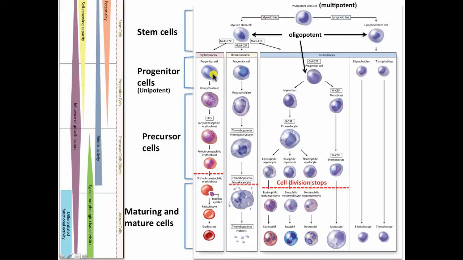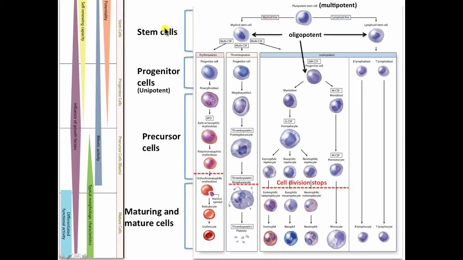All of the precursor cells, progenitor cells, above these red lines are capable of dividing. As shown on the left-hand chart here, the potentiality of these various cells changes as one moves down the lineage.